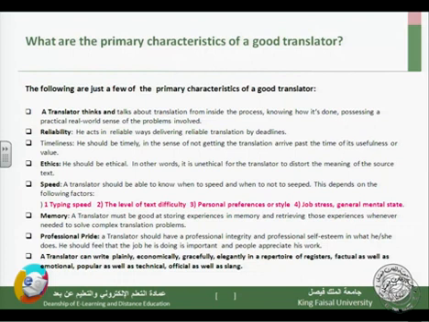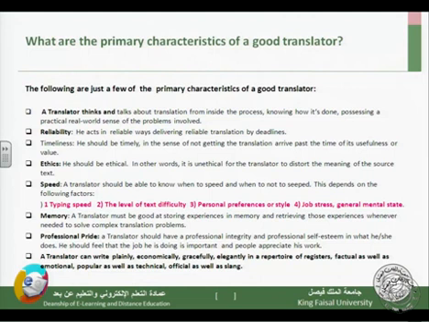Now, a good translator should think and talk about translation from inside the process. He should know how it is done. He should possess a practical, real-world sense of the problems involved. Reliability. The translator has to be really reliable.